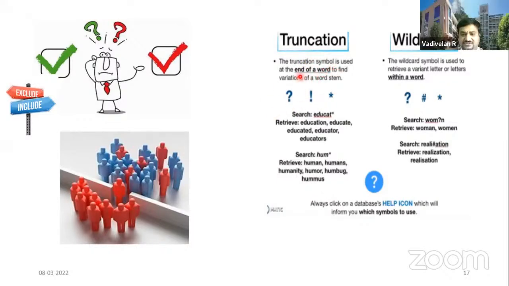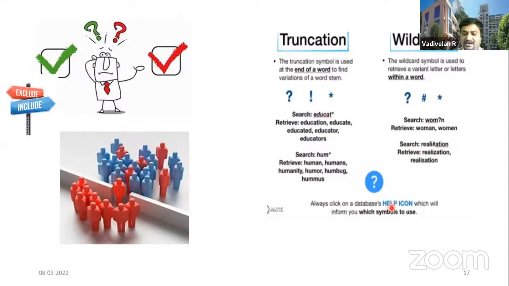Truncation is a symbol used at the end of a word to find the variations of the stem. For example, you can search educate plus a symbol, and you can retrieve all of these, such as education, educated. So exactly what we want, we can take. For example, for the wildcard, we can put a question mark; it retrieves woman, women. So you can see how they introduce the symbol here and what the necessary things in it are.